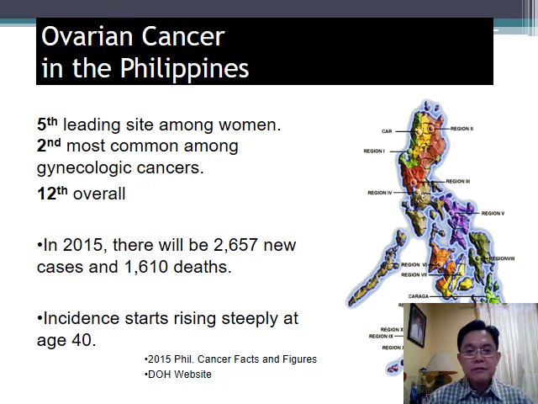In 2015, the Philippine Cancer Facts and Estimates mentioned that there will be about 2,657 new cases of ovarian cancers with 1,610 deaths. Incidence of ovarian cancers starts to rise steeply at age 40. So you may say that ovarian cancer is a disease of women in the 5th decade or older.